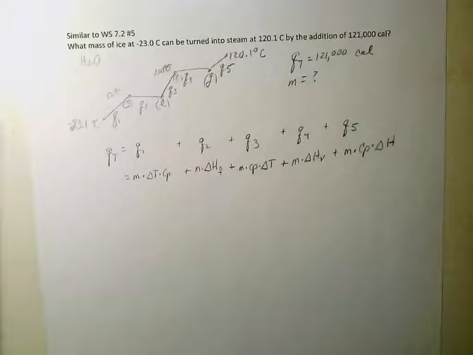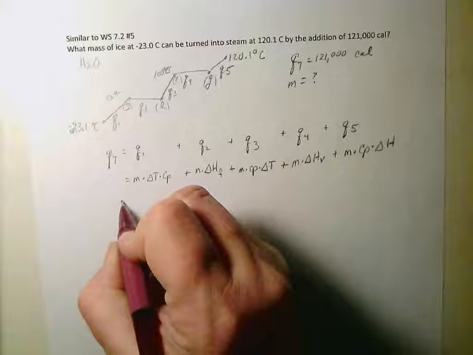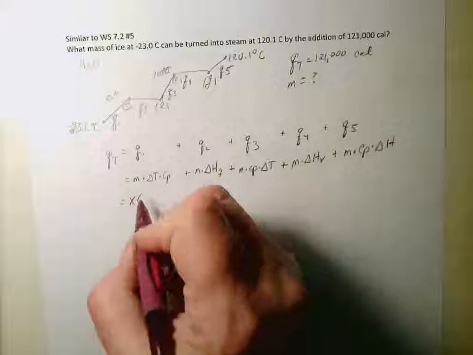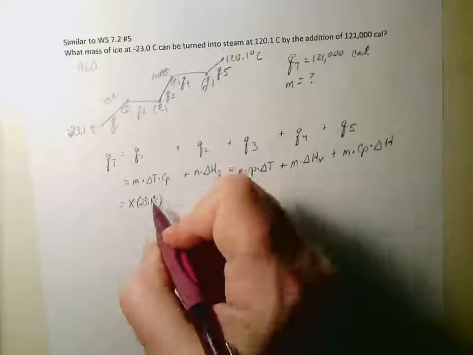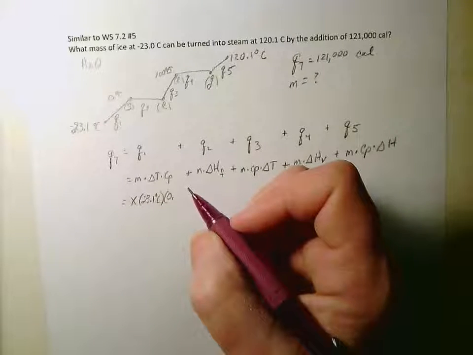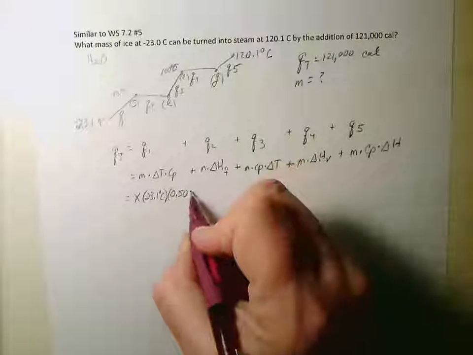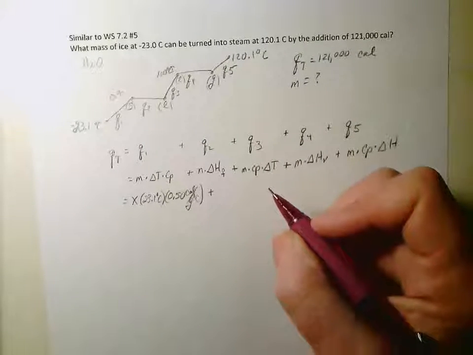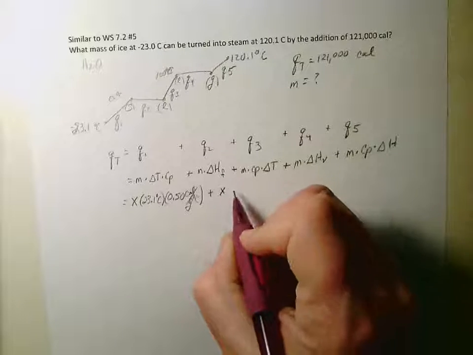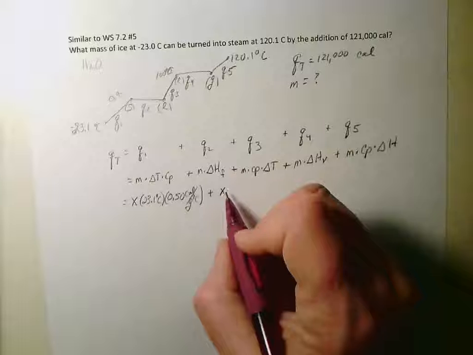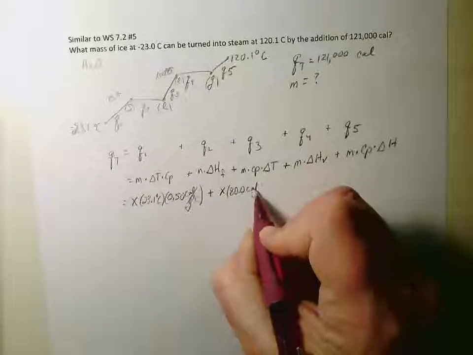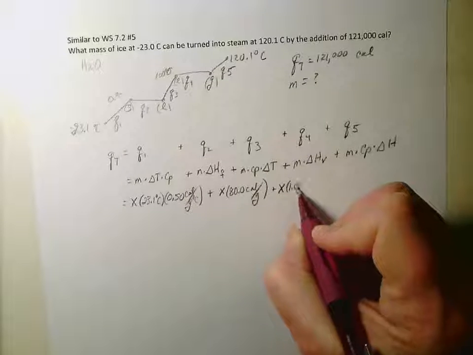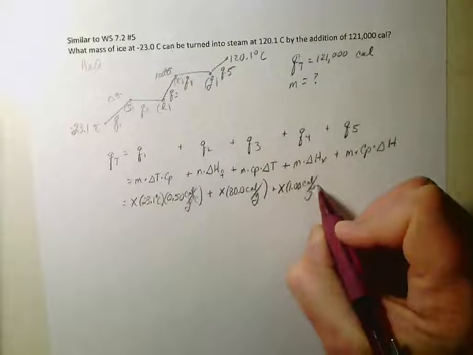C sub P for ice is 0.50, so this is going to equal X times change in temperature, which is going to be final minus initial, which will be 23.1 degrees Celsius, and C sub P is 0.50, and that's calories per gram degrees Celsius, plus mass, which is X, times the heat of fusion for ice to water, 80.0 calories per gram, plus X times C sub P for water, which is 1.00 calories per gram degrees Celsius.